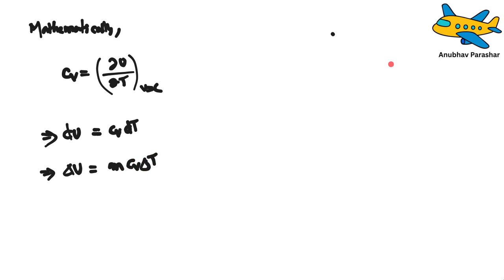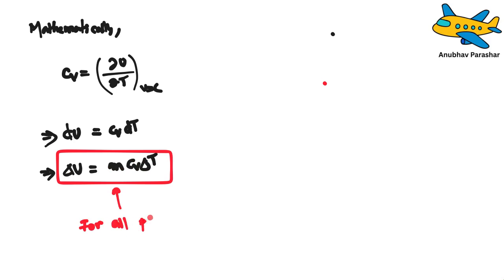This is very important to understand. This is valid for all processes. Whenever you need to calculate the change in internal energy for whatever process it might be, it is always going to be mCv delta T for all processes.